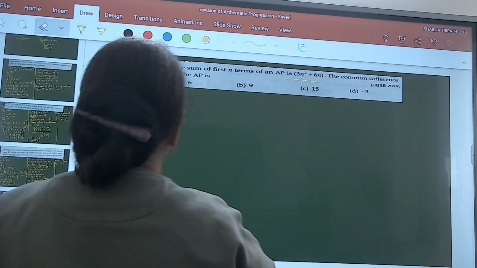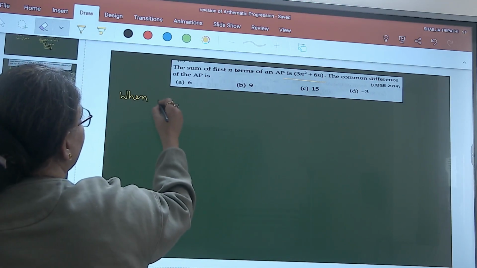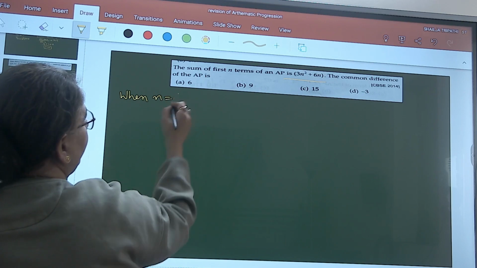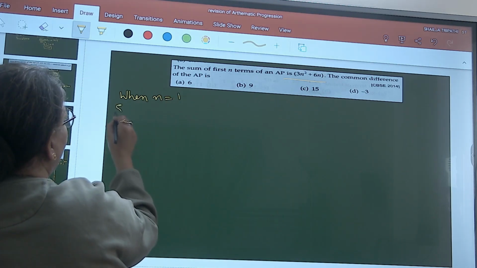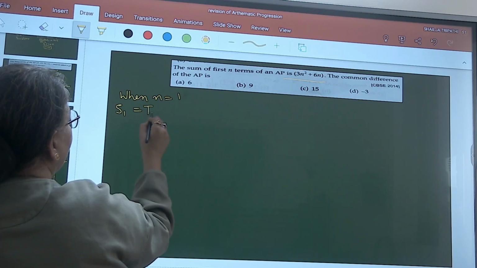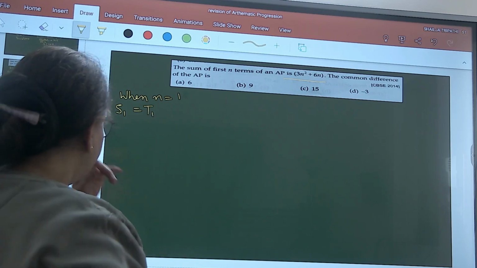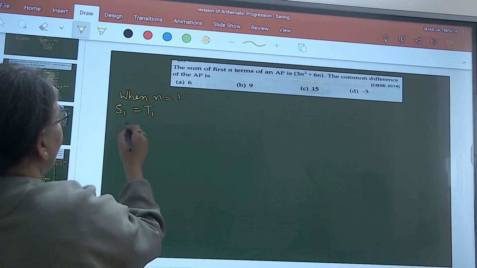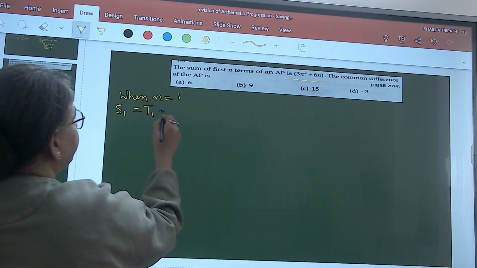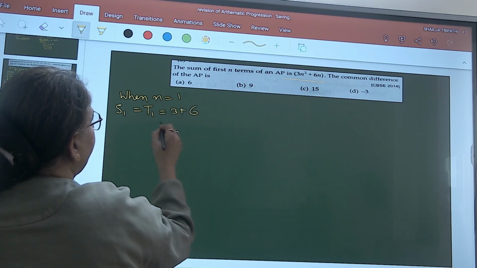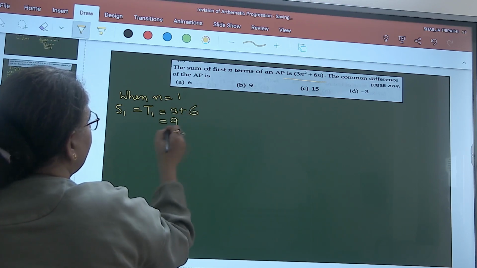See, when n is equal to 1, let's write when n is equal to 1. So, S1, that is the first term, S1 will be the first term. Put n is equal to 1 in the formula and we'll get 3 plus 6, that is 9.